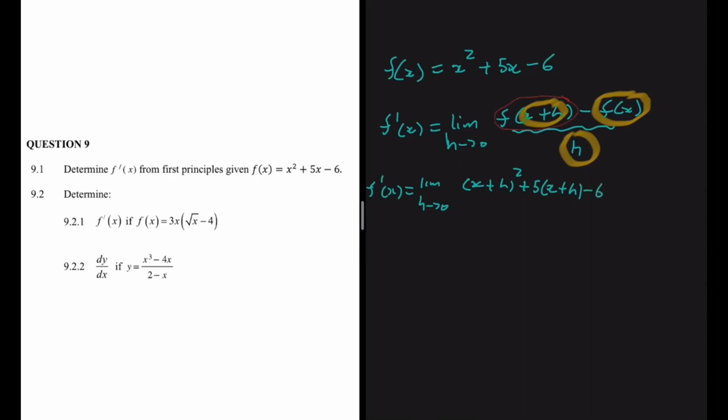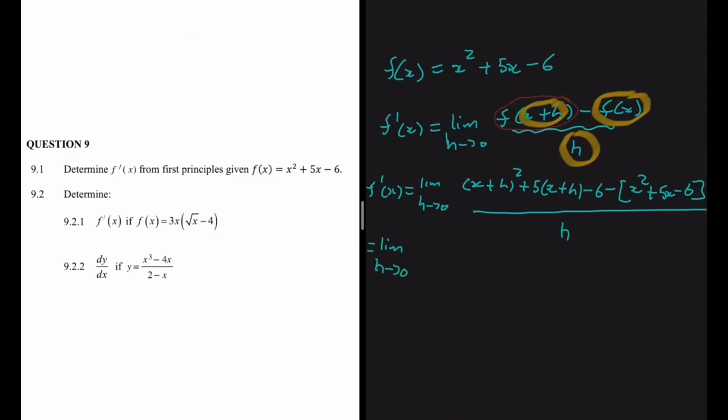And then we subtract the function itself, so we're going to have x squared plus 5x minus 6, and we're dividing everything by h, and this will be equal to the limit as h tends to 0.